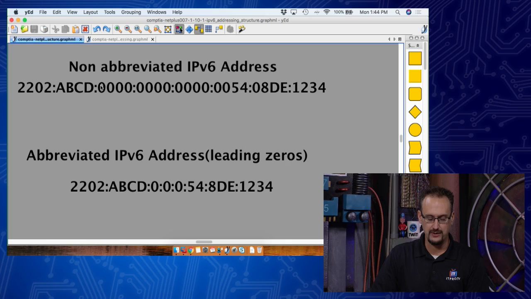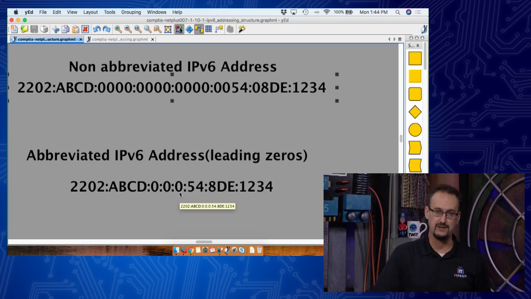Now notice what I did. Notice there are 3 zeros here in this address. I just removed them and replaced that with a single 0. Right? We have 3 additional contiguous 0 bits here. I removed those 3 leading zeros in that block as well. Likewise, with this third block of zeros, I abbreviated the first 3 leading zeros there.